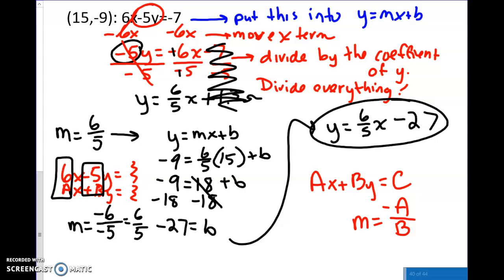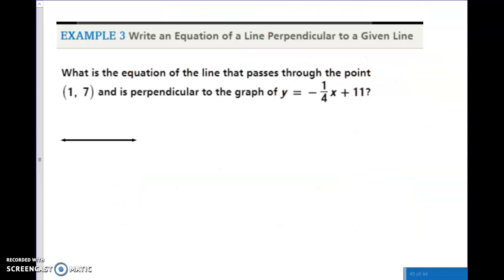All right, so while I have this video going, I'm going to talk about perpendicular lines real quick. So perpendicular is when my lines cross at right angles. The way this works is my slopes have to be opposite reciprocals. So if the slope of this line is negative 1 over 4, my new slope is going to be the reciprocal.